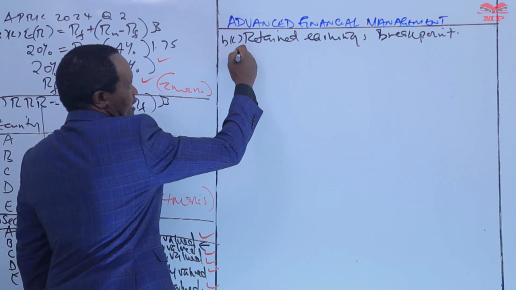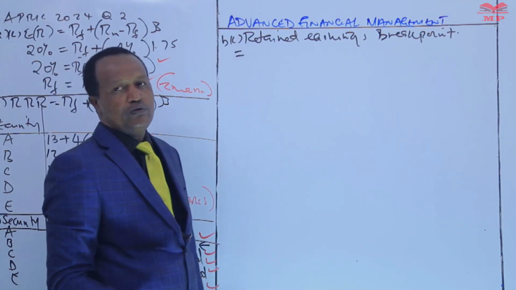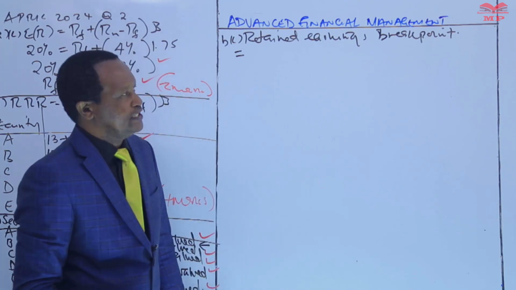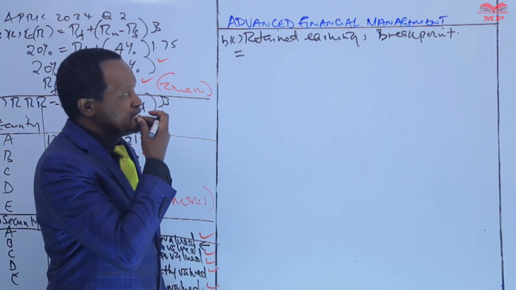How is it calculated? What is the formula for retained earnings breakpoint?